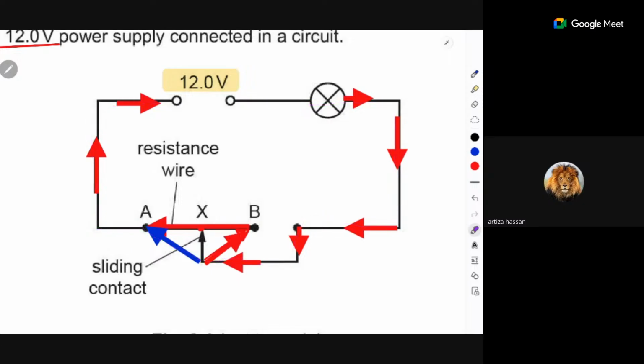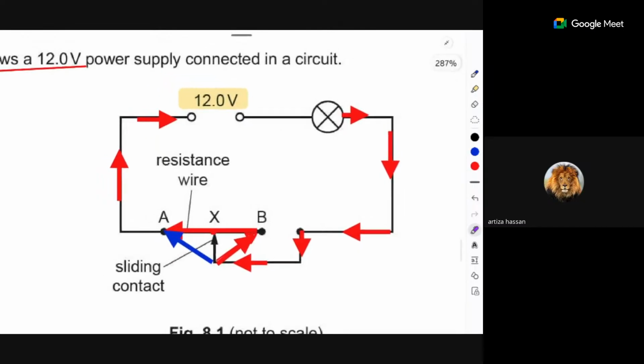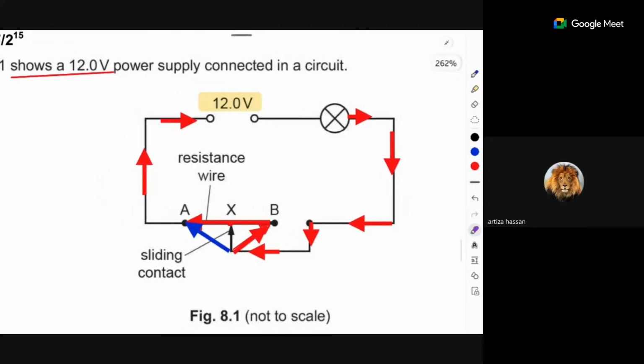When the resistance is less, there will be more current flowing through the circuit for the blue arrow. I have shown you two arrows: this one when it is connected to B, this one when it is connected to A.